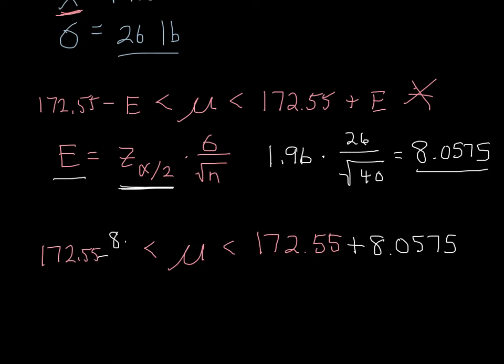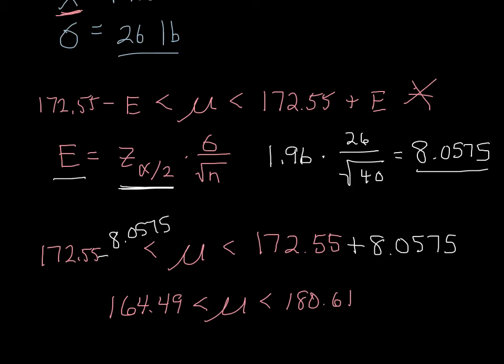And I didn't leave enough room, so we'll squeeze it in there. So if we do our calculations, then our population mean is going to be somewhere between 164.49 and 180.61.